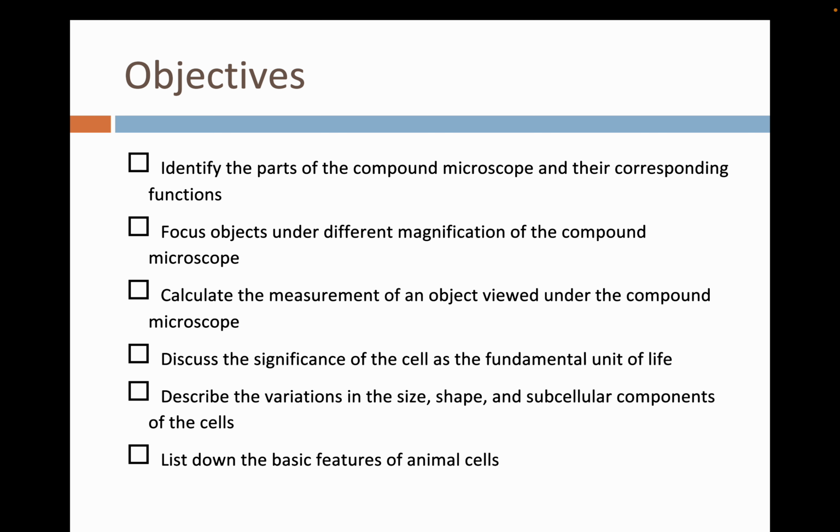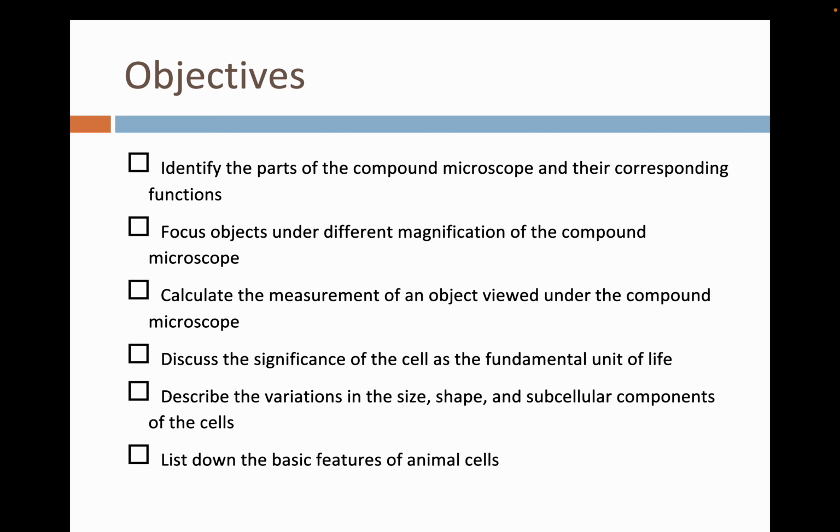And by doing the lab proper, it's my expectation that you get to appreciate the fact that animals like us, animals such as humans, have the cell as our most basic unit as living systems.